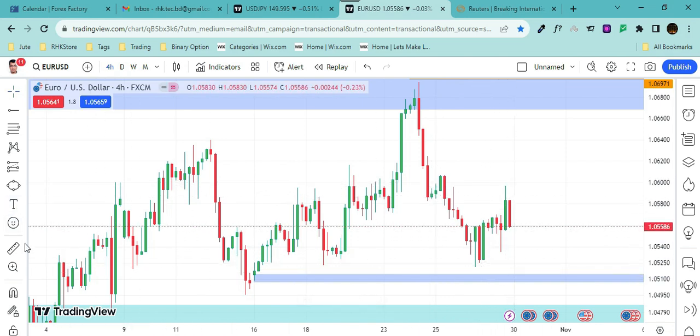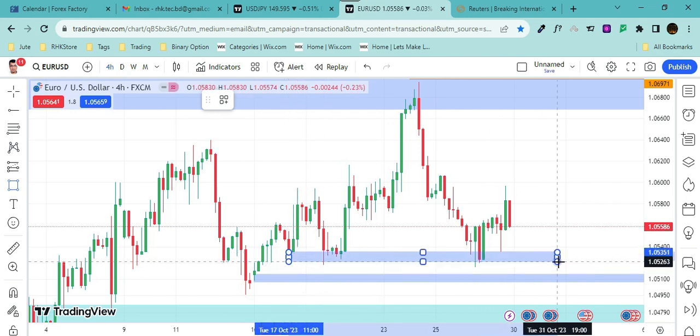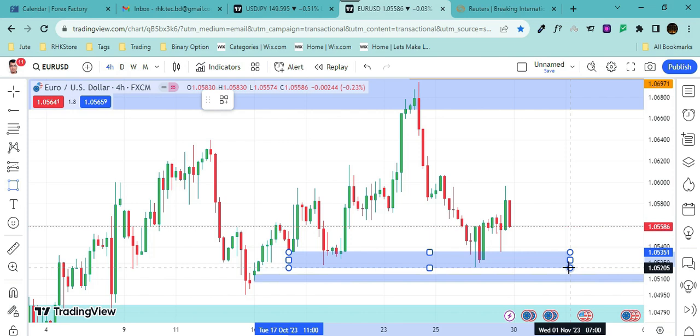So here if we draw the box, we can see that this is the thing happening here, and the price is reacting here.